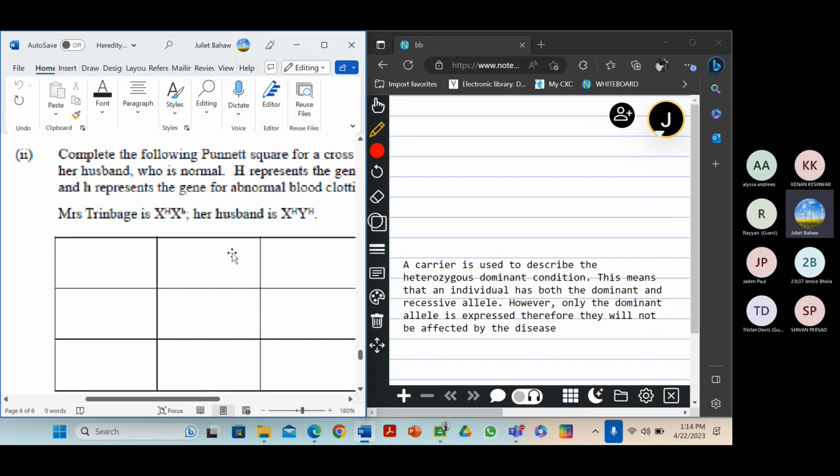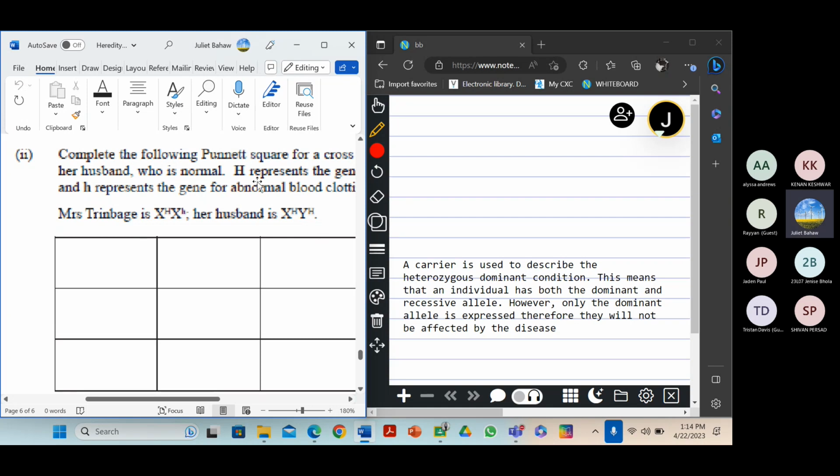Now there's a little error in this paper. What is the error in this paper here? With the symbols. Miss, it has 2 capital X's for Mrs. Trinbage. No, but that's correct. XX is female. XY is male.